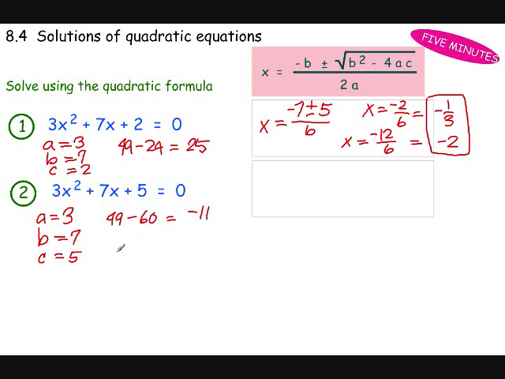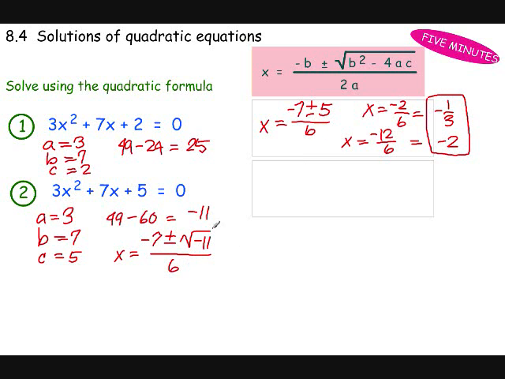So I'm going to use the quadratic formula: x is equal to the opposite sign of whatever my b is. My b is positive, so it's going to be a negative 7 plus or minus the square root of negative 11 all over 2 times a, or 6.